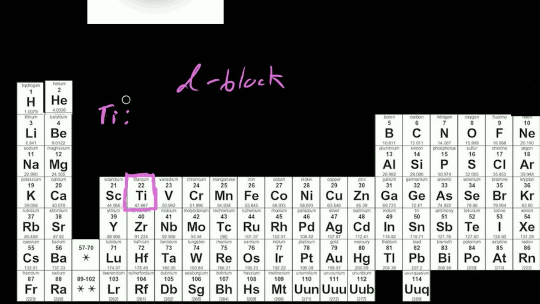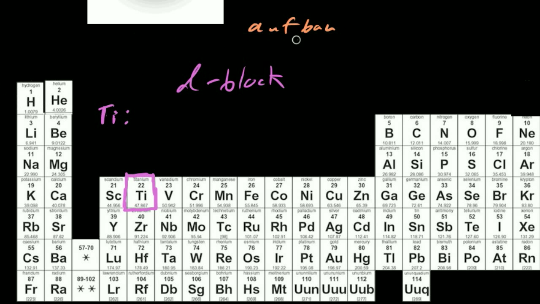Let's start building up from the bottom. You don't have to know this now, and I'll definitely talk about it towards the end of the playlist, but essentially by filling up electrons from the bottom we're using the Aufbau principle, which is German for to build up.